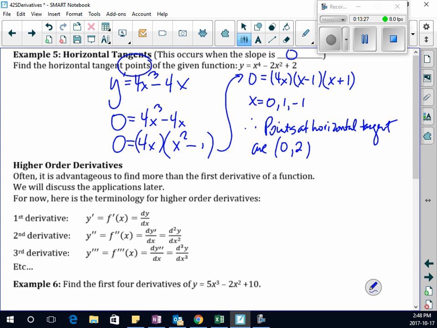You plug 0 into here and you get 2 out of this. 1, comma, what's 1 minus 2? Plus 2 is 1. And negative 1, put it in.